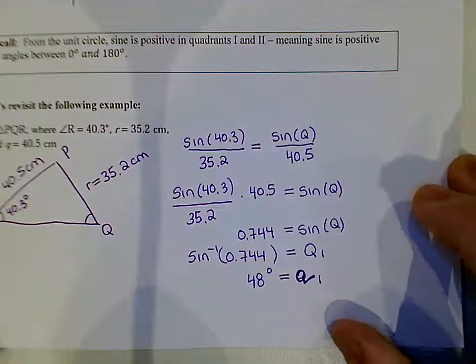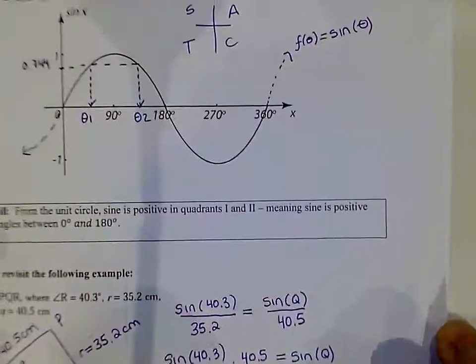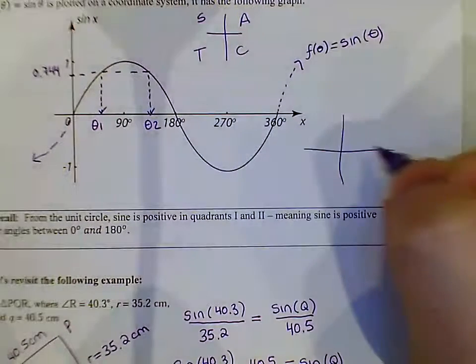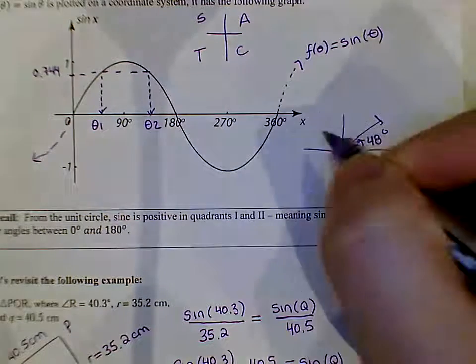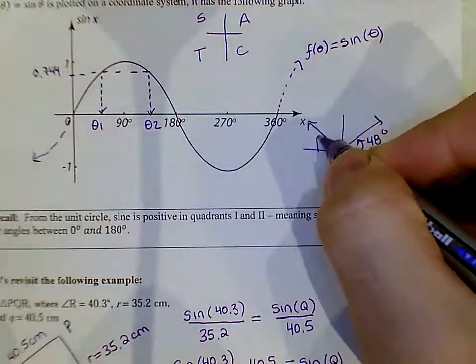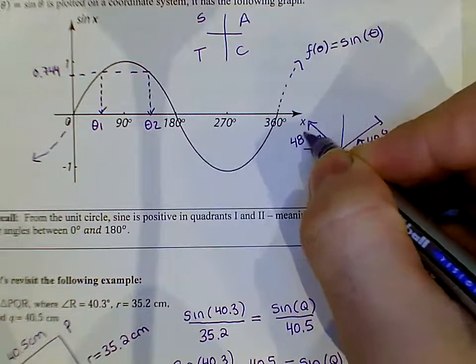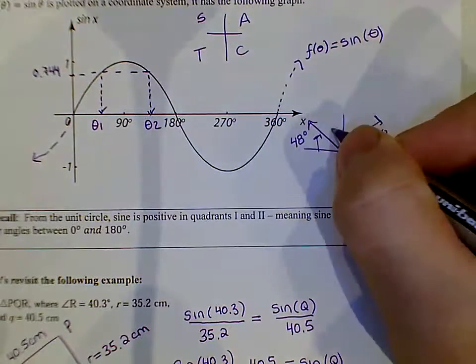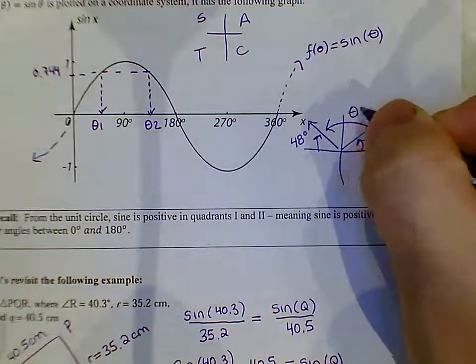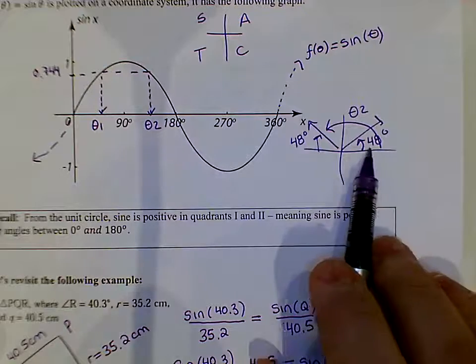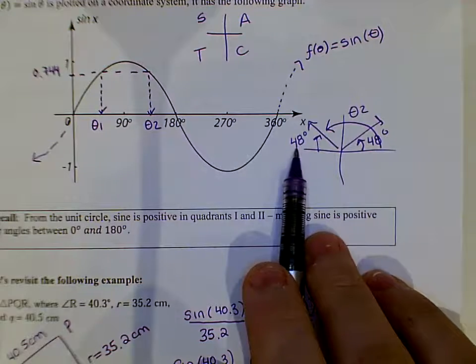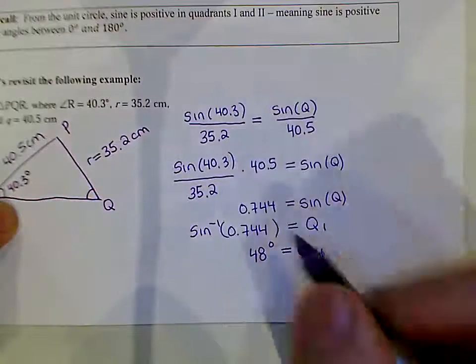Now to find Q2, just remember, if this is 48 degrees, all we have to do is look over here and make this our reference angle of 48 degrees. And then this will just be theta 2, or Q2 for us. So that's the same thing as taking 180 degrees and subtracting 48 degrees.